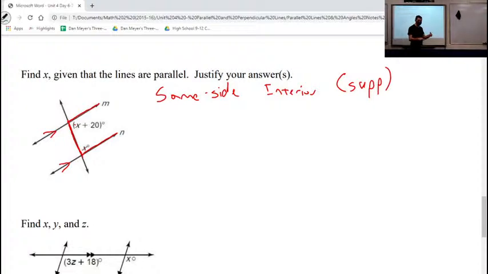And so that should feed you your equation, because supplementary means they add to what? 180. So if you know supplementary means they add to 180, then let's add the angles together and get 180. There's your equation.